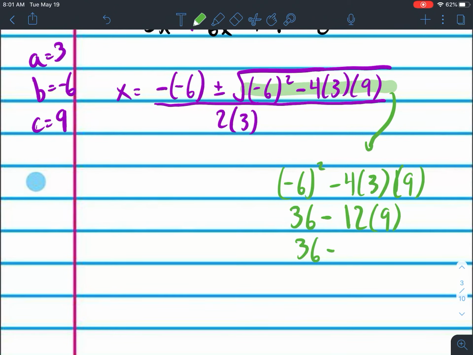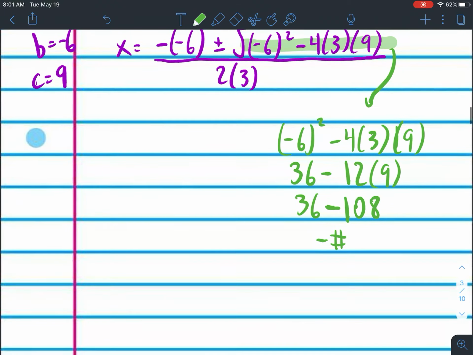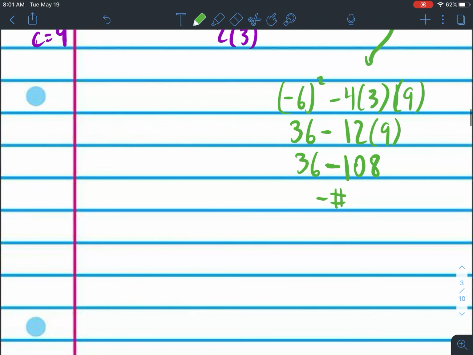Take away 12, 108. Minus 108. Now I'm going to stop right here because 36 minus 108, if I take 108 from 36, I'm going to get a negative number.